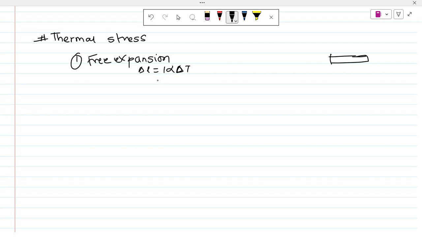So there will be thermal expansion, but there will be no sigma, because there is no constraint, no stress. It will not be thermally stressed. There will not be generation of resisting force, and hence no stress in free expansion.